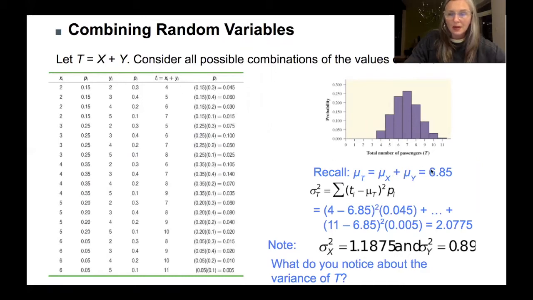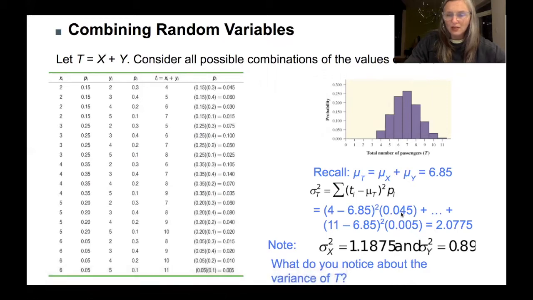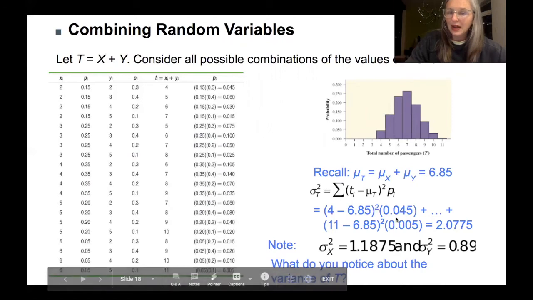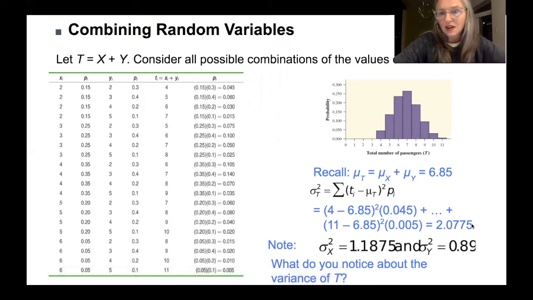Okay. So we go through this process and then times the probability here for every single one of them. 4 minus 6.85 squared times the probability of that particular thing happening. Okay, through all of them. And we get the variance to be 2.0775.